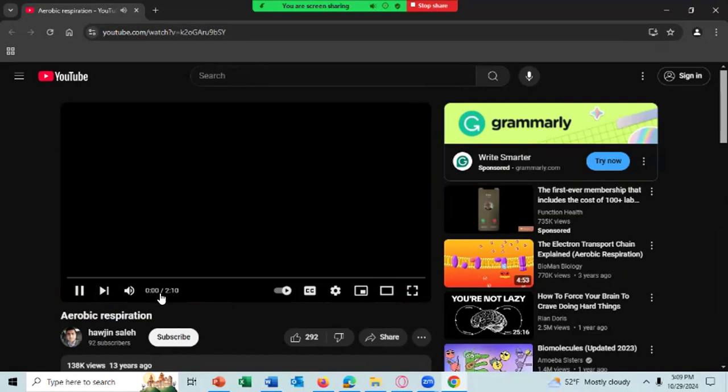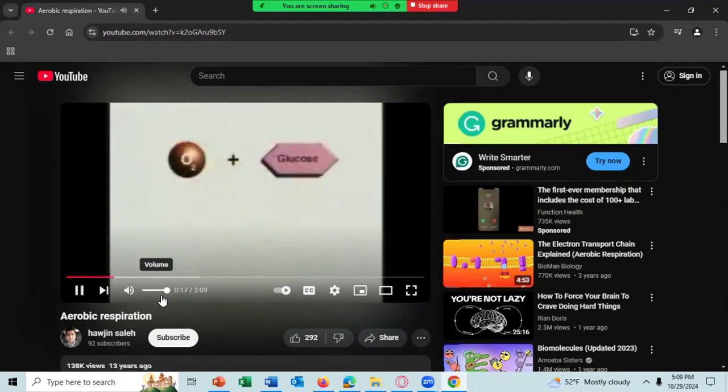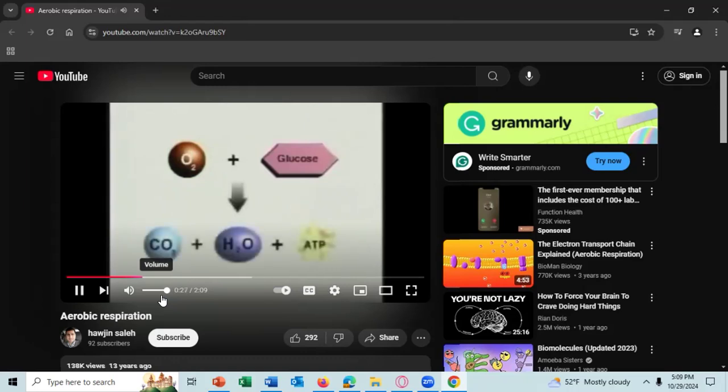All cells need energy to stay alive. Usually your cells get their energy through the process called aerobic respiration. The word aerobic refers to oxygen. In aerobic respiration, oxygen interacts chemically with a molecule of glucose. The glucose is broken down into carbon dioxide and water.